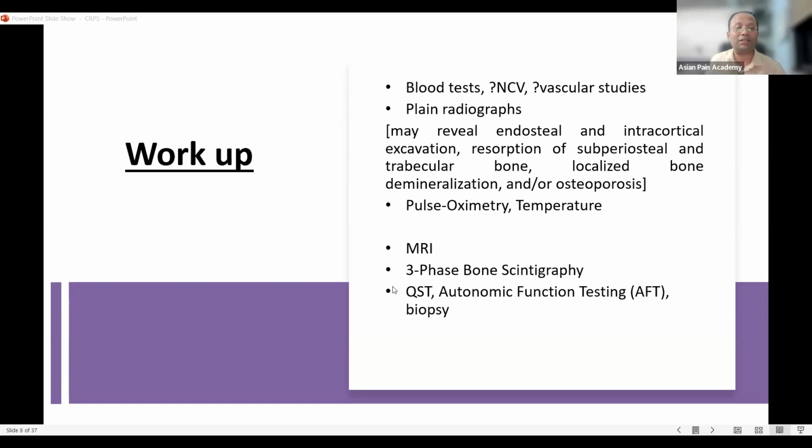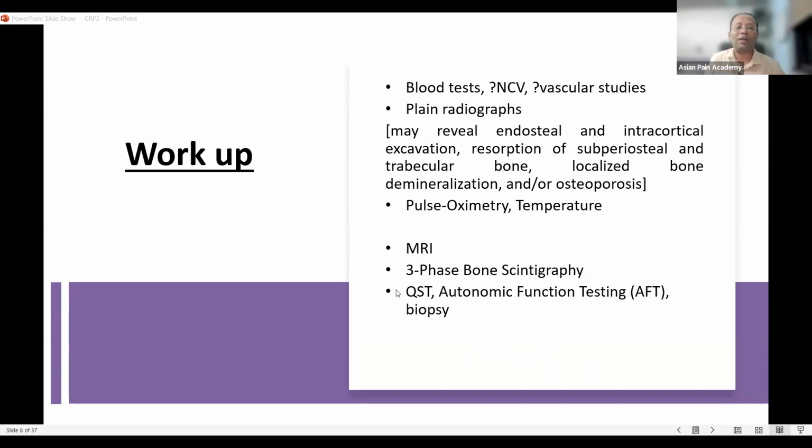QST, quantitative sensory testing. Actually, when we are doing NCV, we are not seeing the small fibers which carry pain. We are seeing large fibers, which carry vibration and other sensory modalities, but not pain.